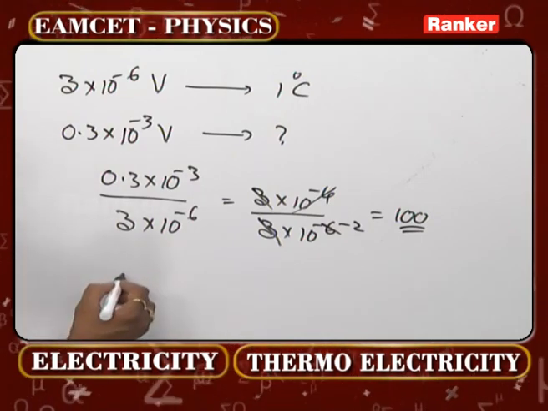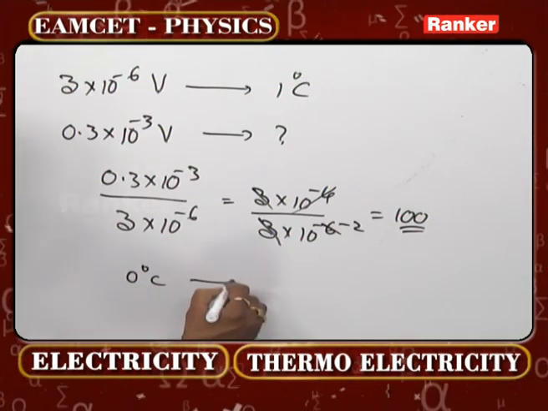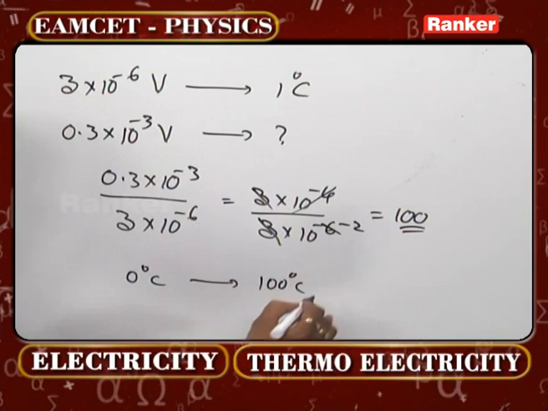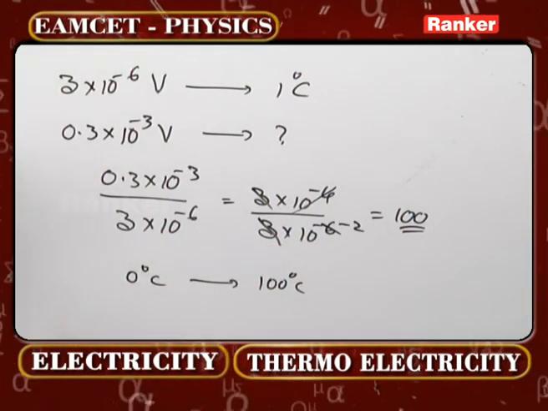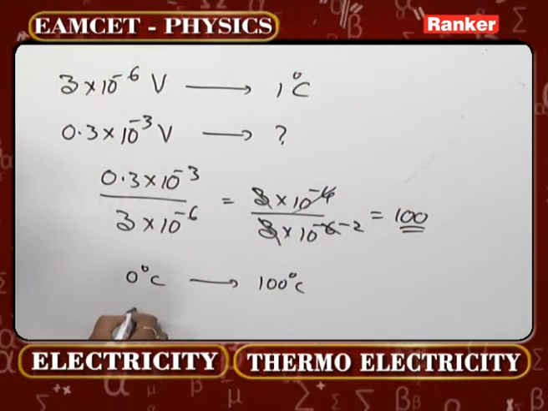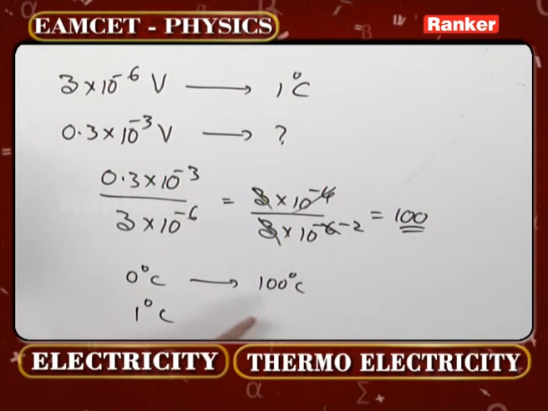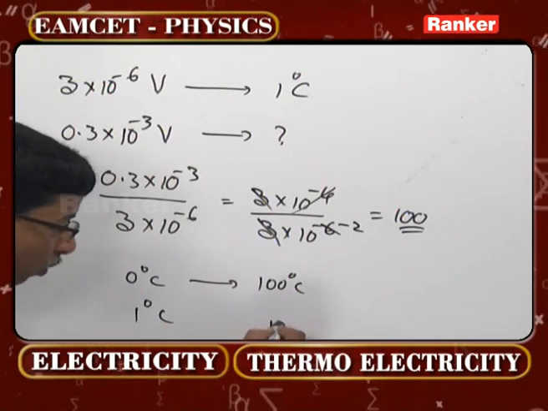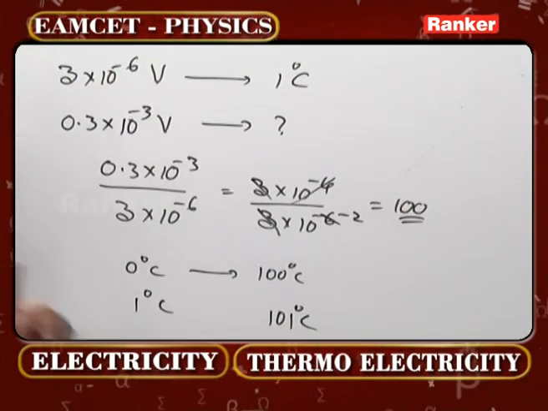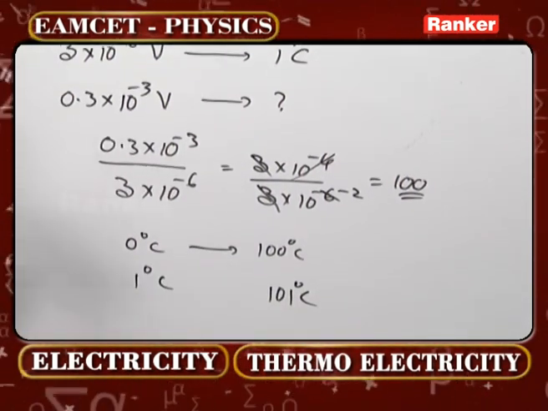So 100 you will be getting as the difference between the temperatures of the junctions. Now for example, if the cold junction is at 0, the hot junction will definitely be at 100 degrees because the difference must be 100. Fine. Now if suppose the cold junction is at 1 degree, what should be the temperature of the hot junction? It should definitely be 101 degrees. Why? The difference once again should be 100 only.